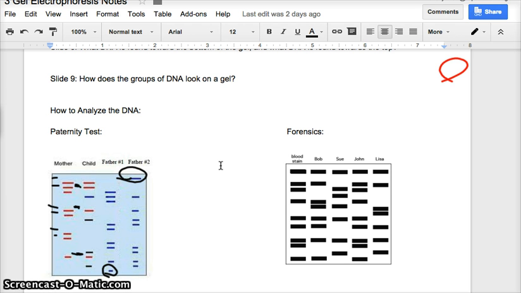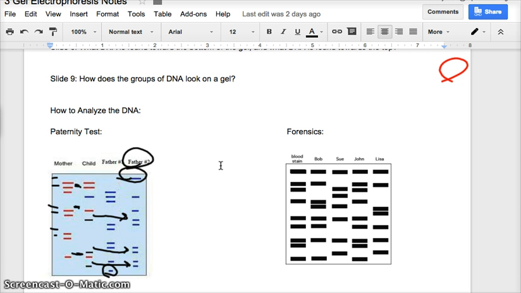This band only matches father 2. And this band only matches father 2. And this band only matches father 2. So this baby was from father 2 and not father 1, because he inherited the same DNA from his father.